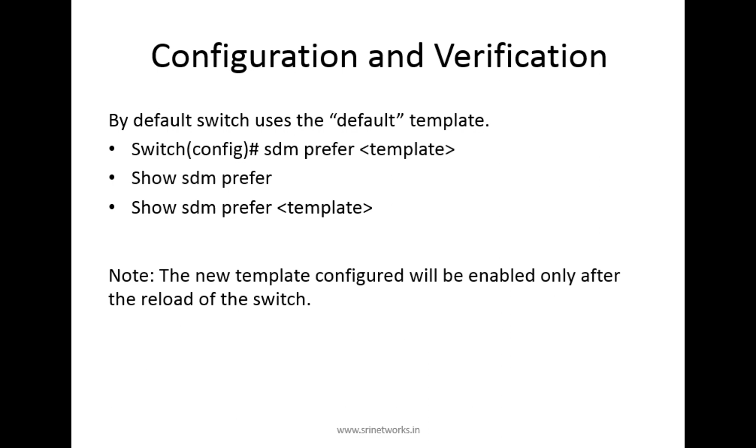To verify it, use show sdm prefer. It will show you the current template that it is using, and it will also show you the next template that will be enabled on reload.